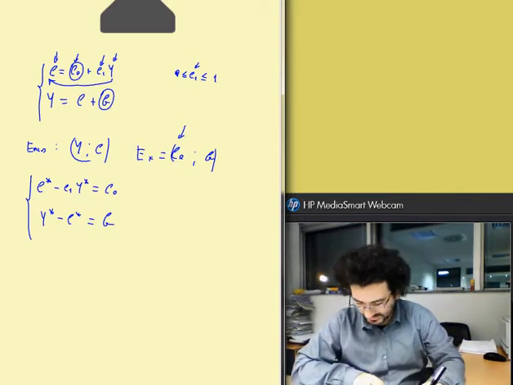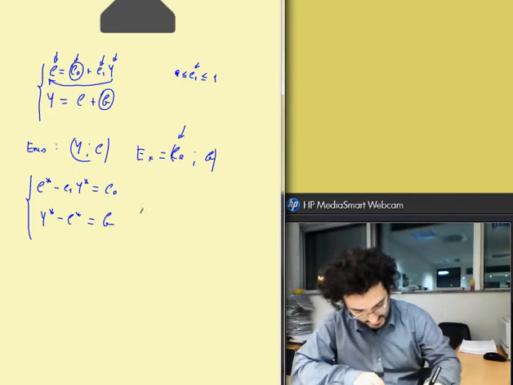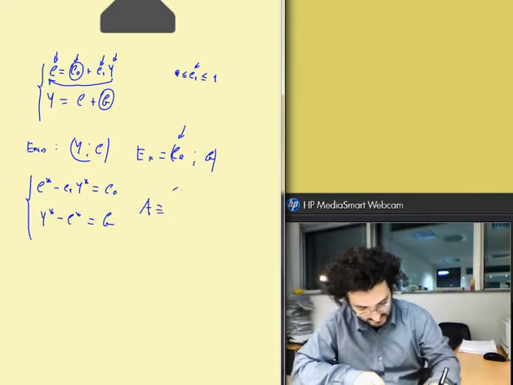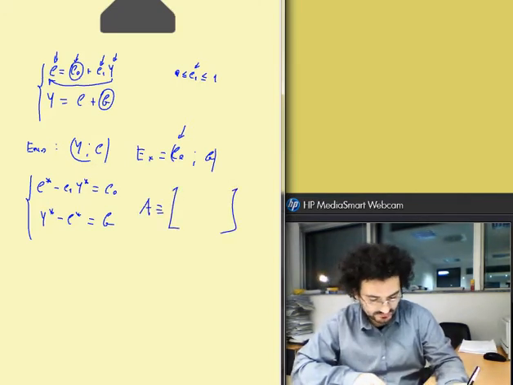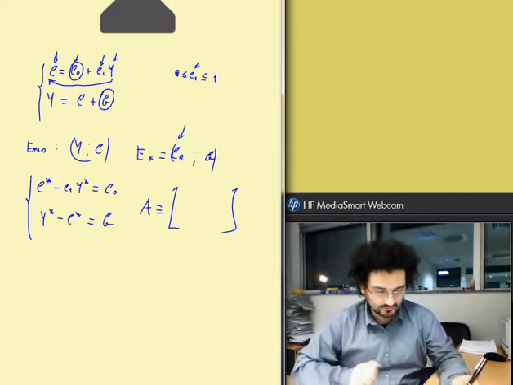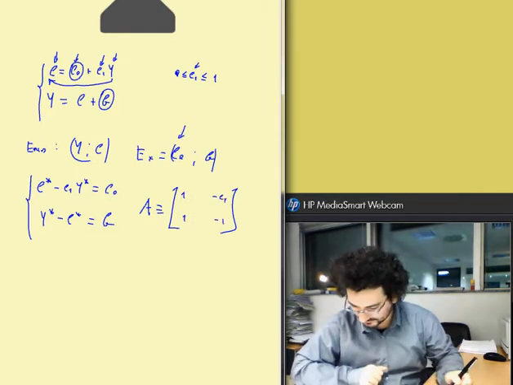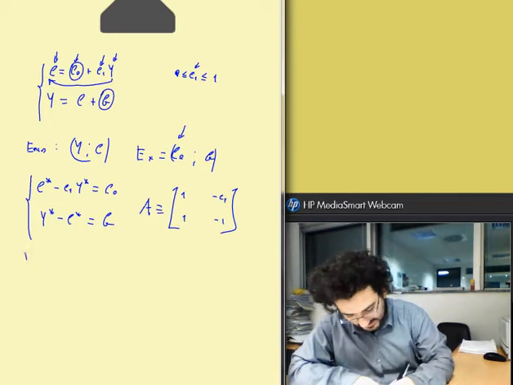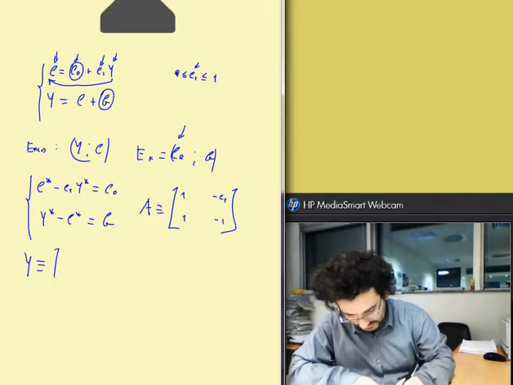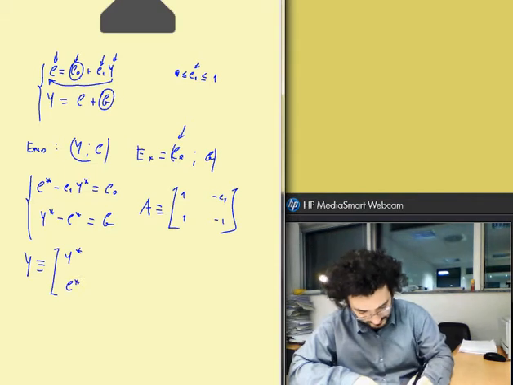Now we can write this system in matrix form. We have matrix A, which is defined as the matrix of coefficients of endogenous variables. We have two equations and two endogenous variables, and the coefficients are 1, minus C1, 1, minus 1. And we have the vector of endogenous variables, which is composed by Y star, C star.